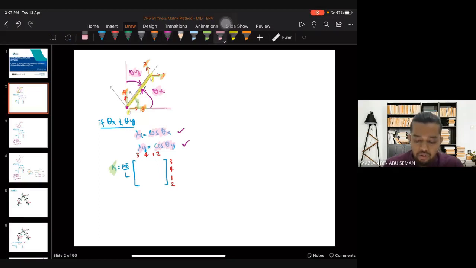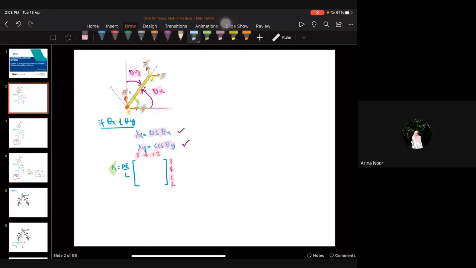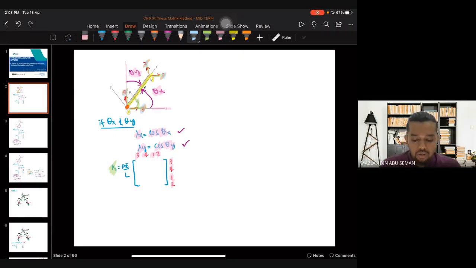The numbering for your matrix is 3, 4, 1, 2. Can you see that? You take the angle from here. That's the numbering for this matrix. Clear? Okay, so your numbering is 3, 4, 1, 2.